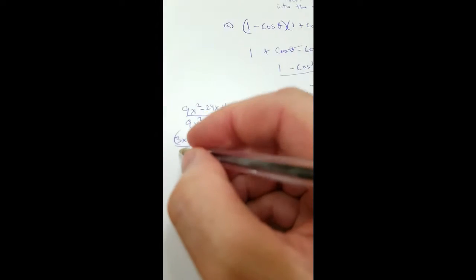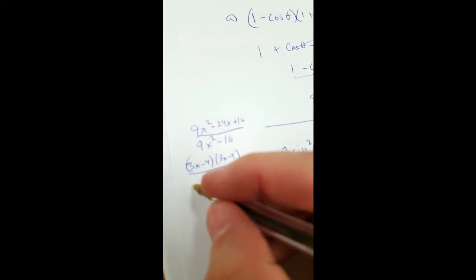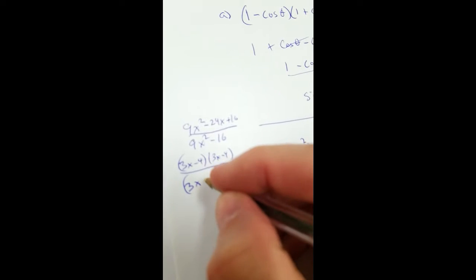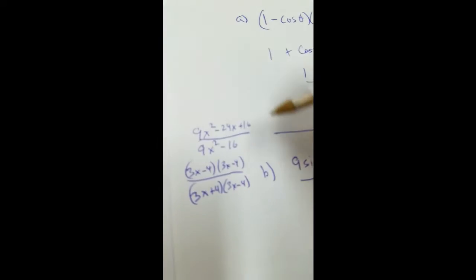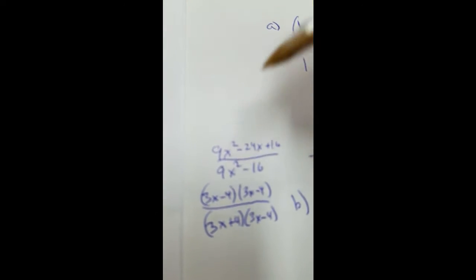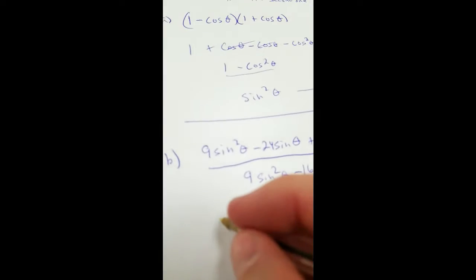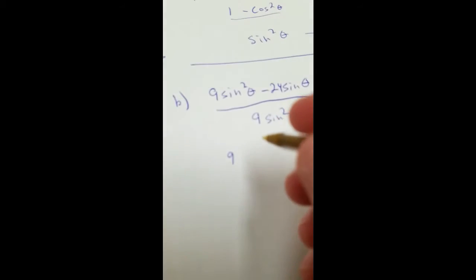So that becomes 3x plus 4 and 3x minus 4. Okay, and I can see that the 3x minus 4s will cancel out. So we can just jump back here and finish that off.